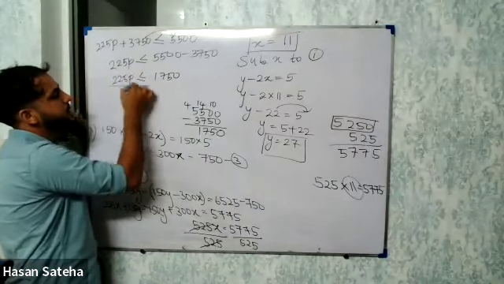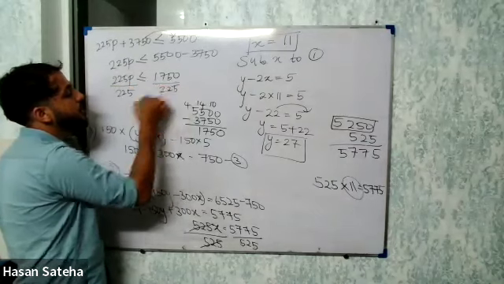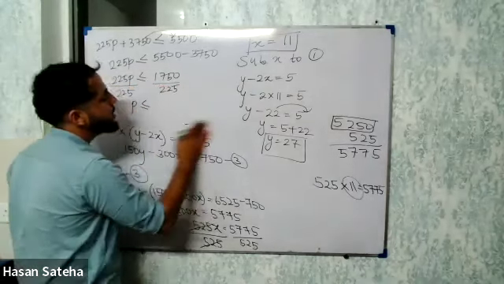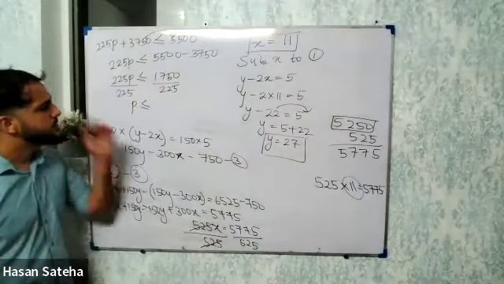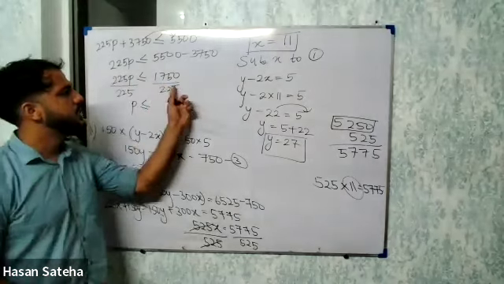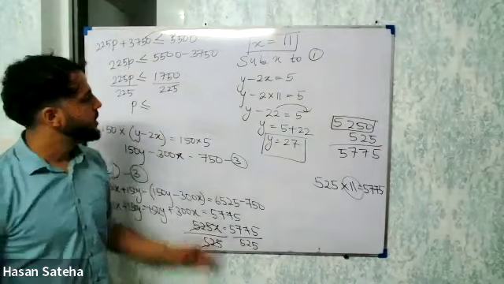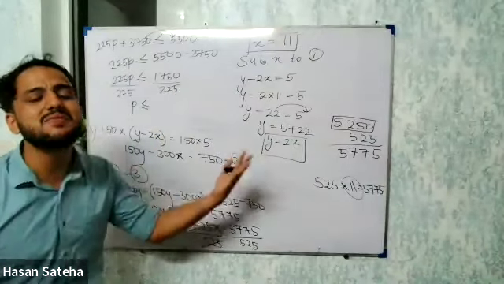Now to find the value of p, you divide by 225. So p is less than or equal to, now do the division. What do you need? You need a 0 here, so most of the time it should be multiplied with an even number.